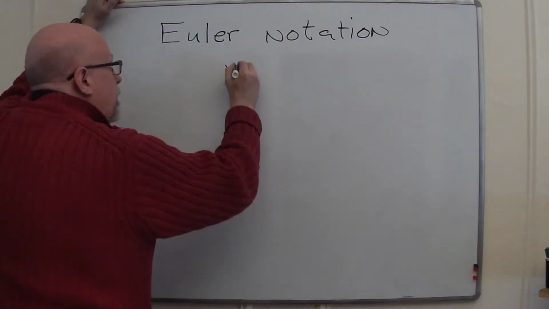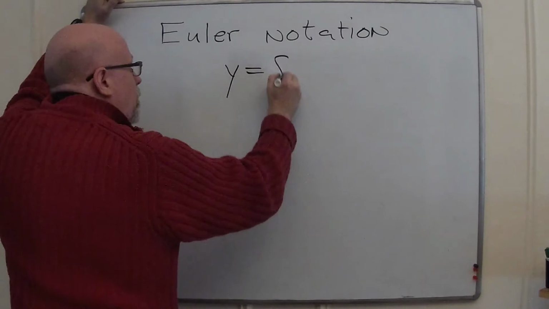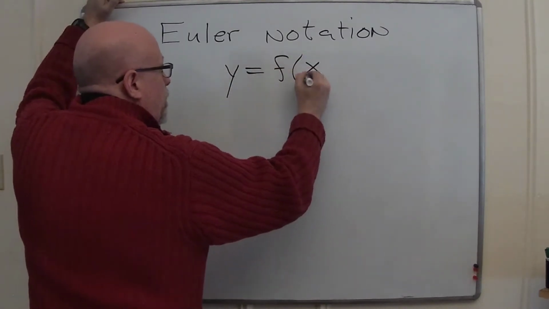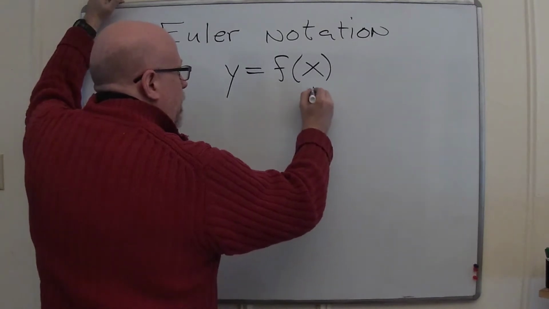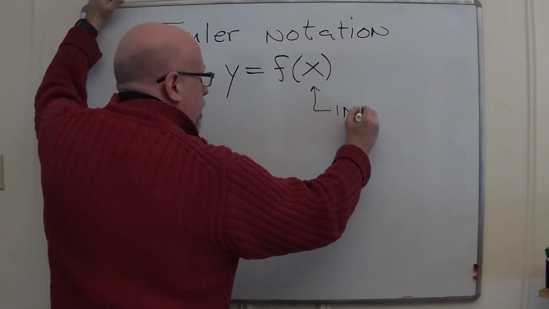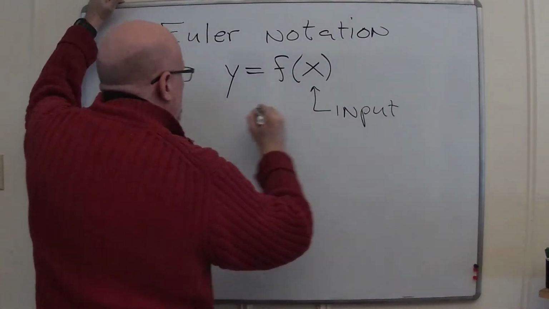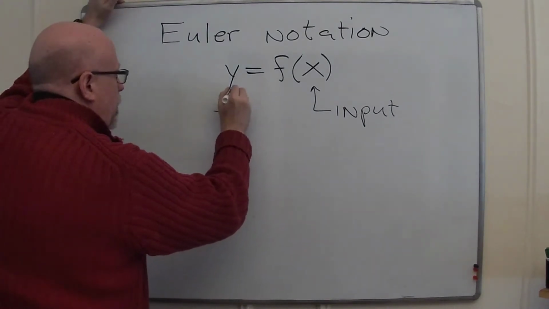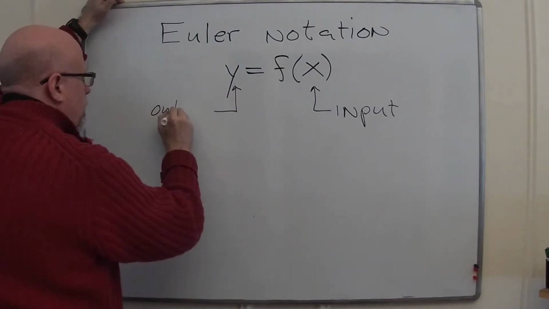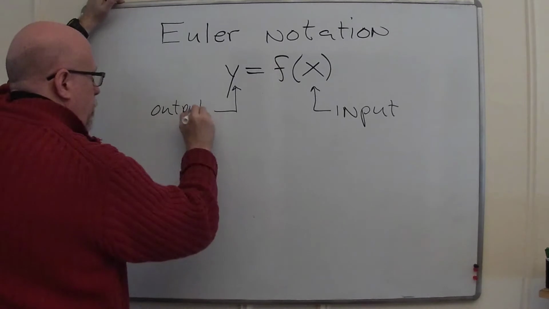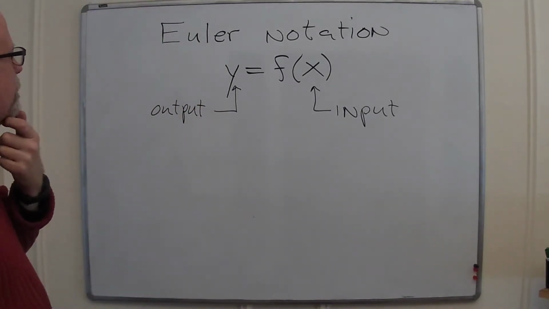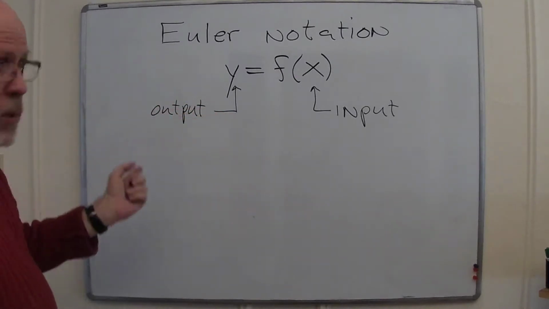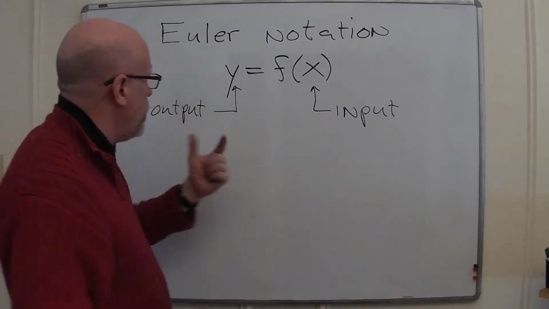And when we have that prototypical Euler notation where y is equal to f of x, I often call that x the input variable and y the output variable. There are other names for them too, but I think they're less clear than input and output, so I most often use those words.